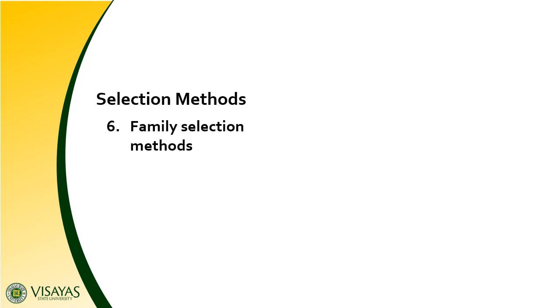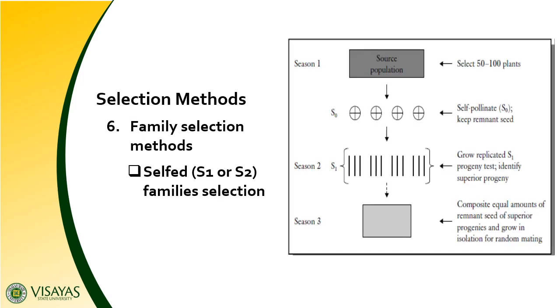So in here you have the selection method, family selection method. So you have self family selection. So in here, in the first season, you have the source population. It is composed of 50 to 100 plants. And then you allow self-pollination.